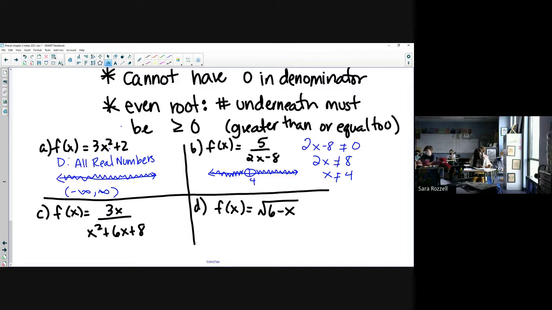There are 2 shaded sections. Where does the first one start? Negative infinity. It stops at 4. And the second one starts at 4 and goes to positive infinity. Since we have more than one, we put a union between them.